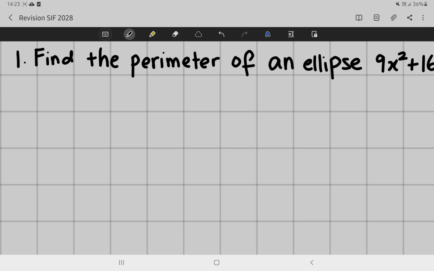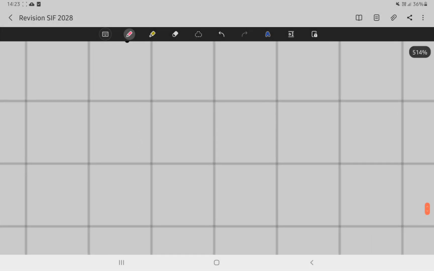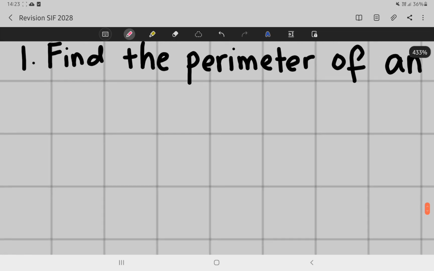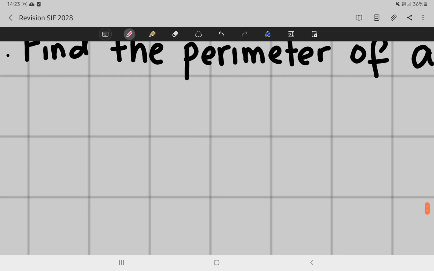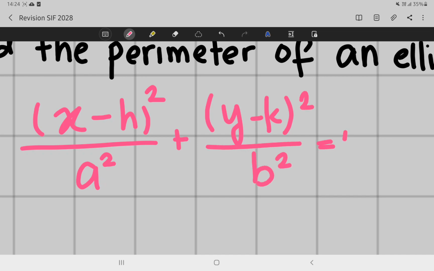As we know, the general formula for the equation of an ellipse is (x minus h) over a, squared, plus (y minus k) over b, squared, equals 1.